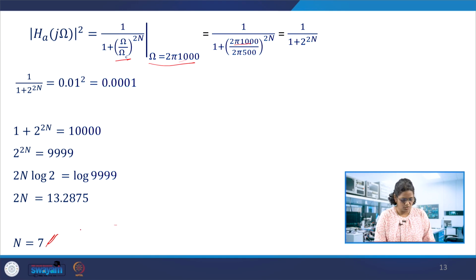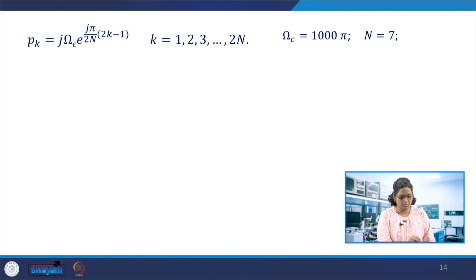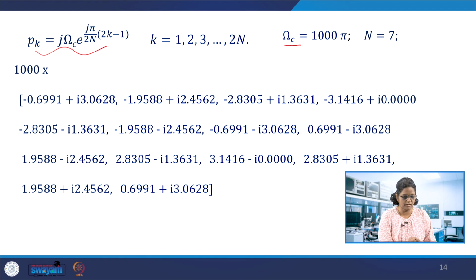So once we have this order n equal to 7, we use the pole location j omega c, e to the j pi by 2n into 2k minus 1, so substitute them. Omega c is 1000 pi, that is the cutoff frequency, and I have this n equal to 7. Substituting them, with k equal to 0 to 2n, you'll get 14 poles.